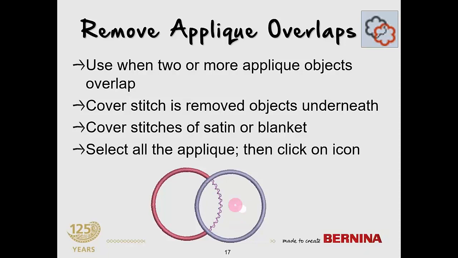You'll have the placement line, you'll have the tack down line, but the cover stitches will not be underneath those pieces. When you apply remove applique overlaps, you need to select all the applique and then click on the icon, and the software will take care of those stitches that are underneath.